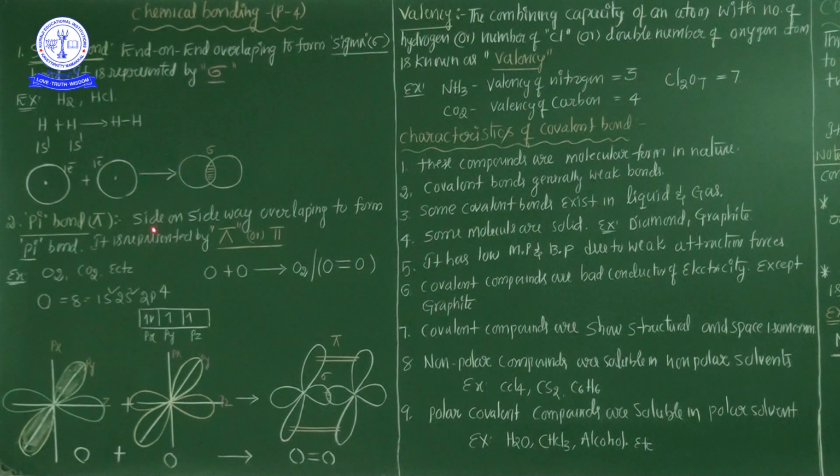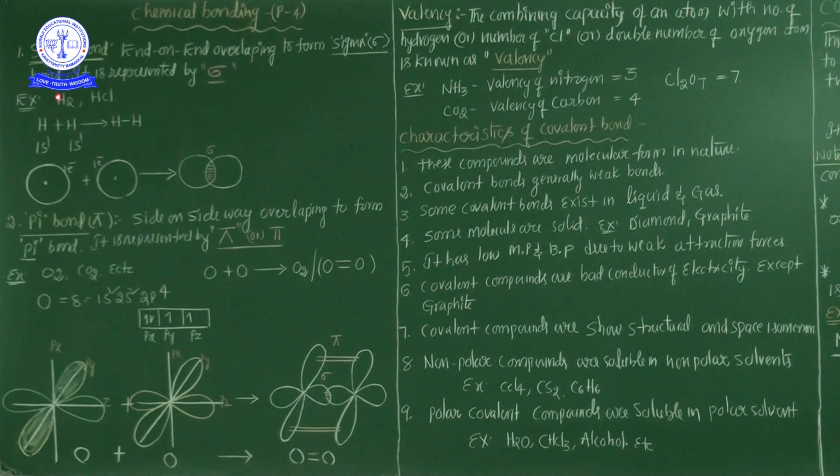And if any two atoms form a double bond, it is one sigma bond, one pi bond. If any two atoms are involved in three covalent bonds, one is the sigma bond, and the remaining two bonds are pi bonds. Today we discuss the sigma bond definition and pi bond definition, how to form a sigma bond and how to form a pi bond.